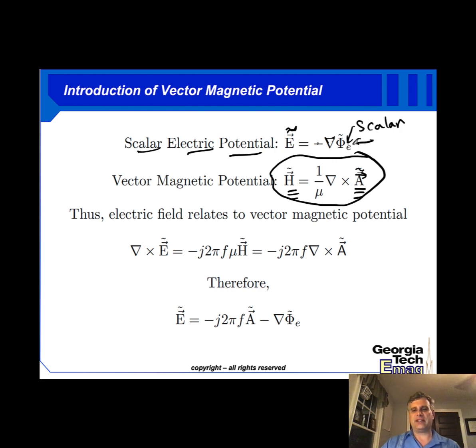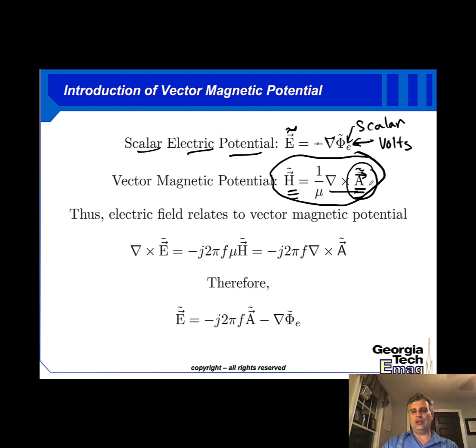This, of course, has units of volts and is a very convenient way to characterize the E field in three-dimensional space. Likewise, this A vector is a very convenient way to characterize the H field in three-dimensional space, you just take the curl of it, divide by 1 over mu.